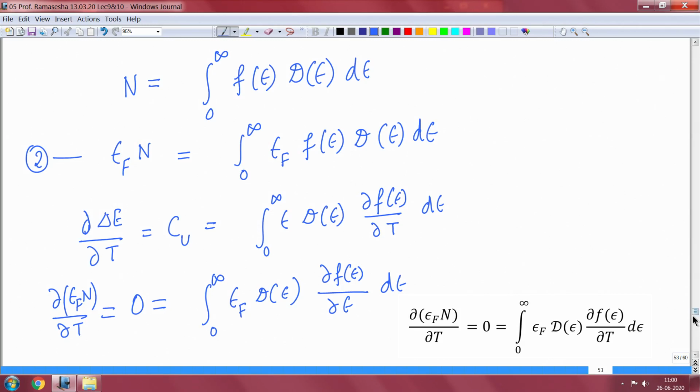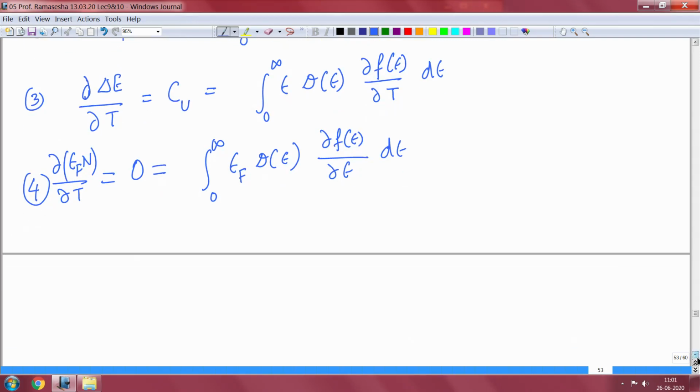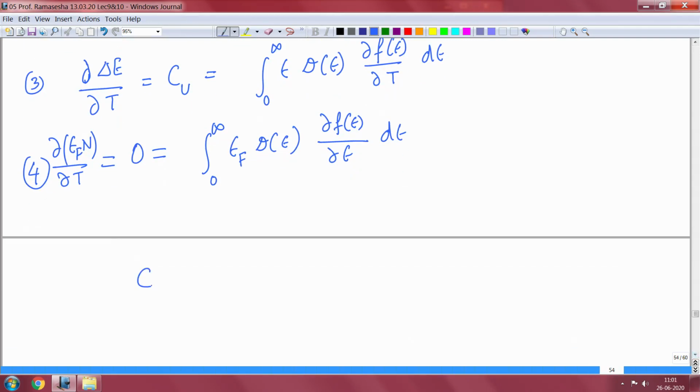So I subtract equation 4 from equation 3, and what I get is CV equal to the integral from 0 to infinity of (epsilon minus epsilon_F) D of E del f of E by del T d epsilon.